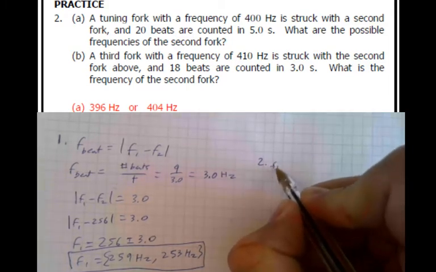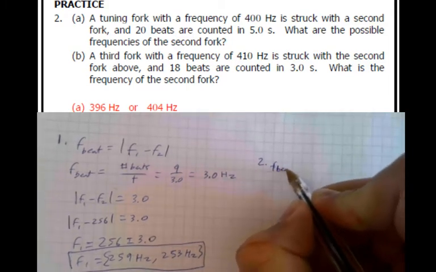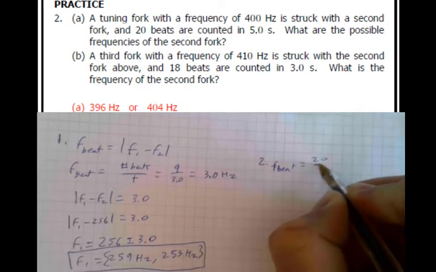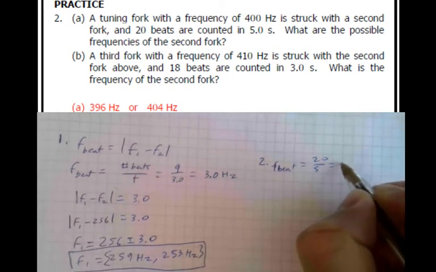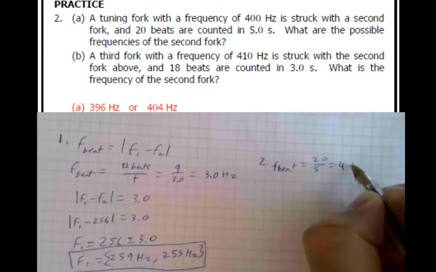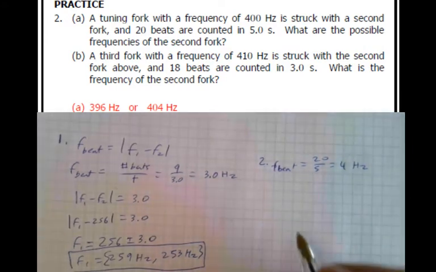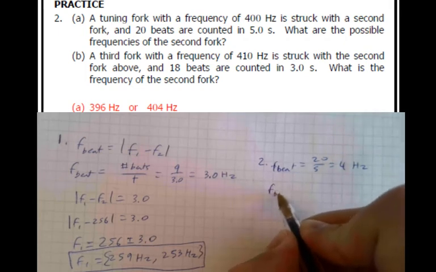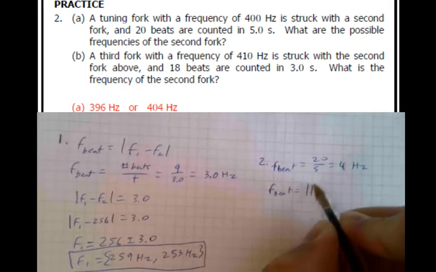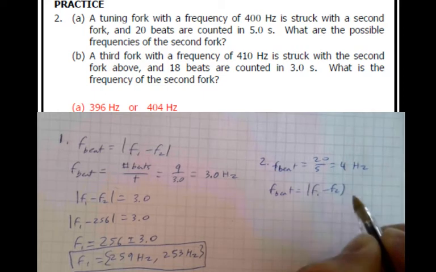So F beat is 20 over 5, which is 4 hertz. That's our beat frequency. And we know F beat equals the absolute value of F1 minus F2.